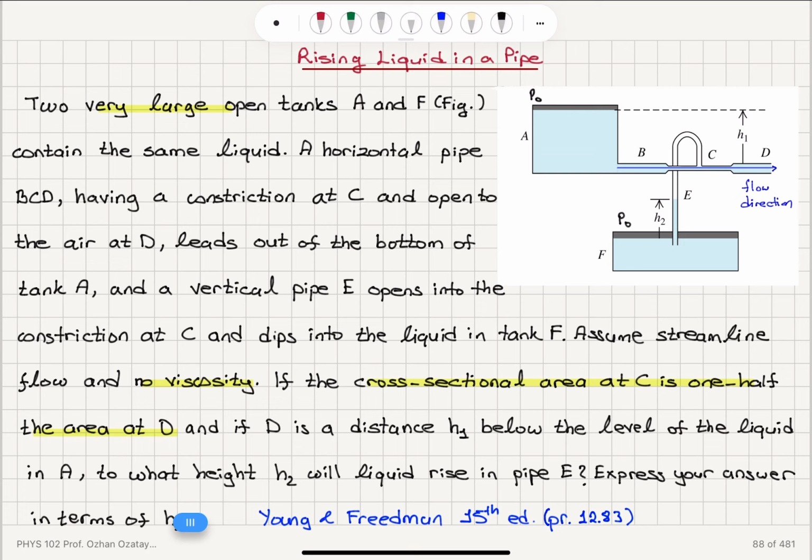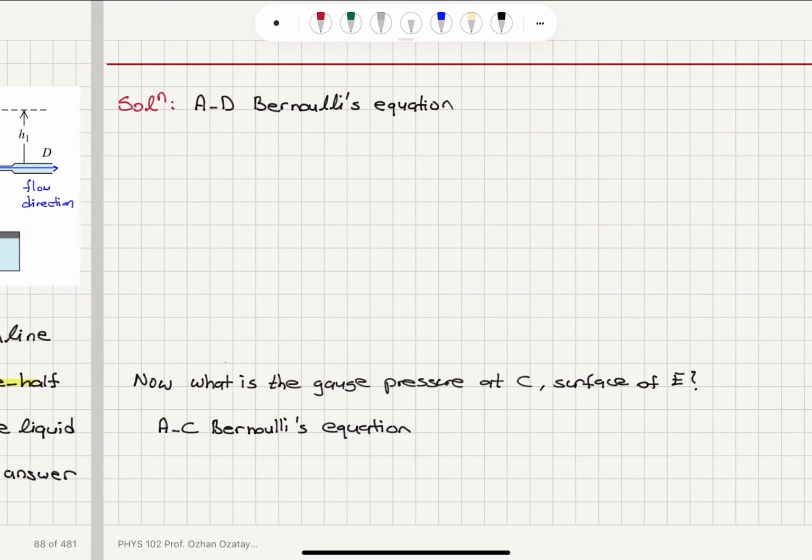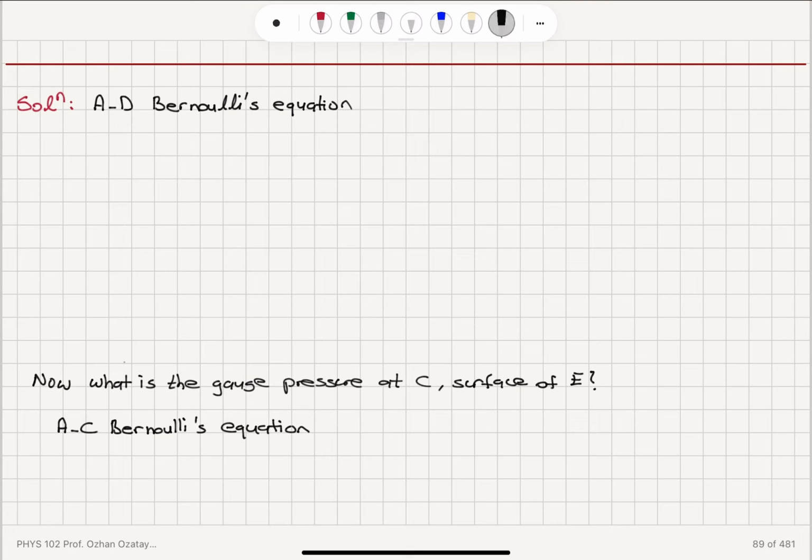Okay, so I start with the Bernoulli equation for the surface of A and D. So between A and D, let's write Bernoulli's equation. At the surface of A, I have the atmospheric pressure P0. And with respect to D, I have a potential energy rho g h1.